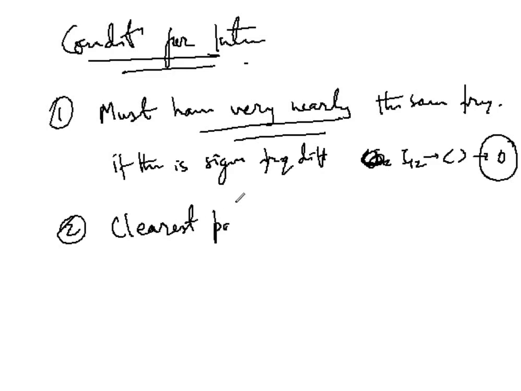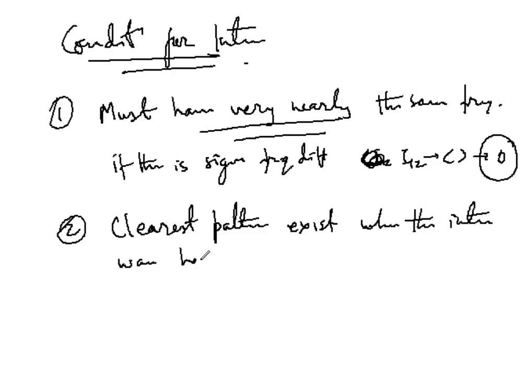The clearest pattern exists when the interfering waves have equal or nearly equal amplitudes. Right. So what will happen is that the central regions of dark and light fringes will correspond to complete destructive and complete constructive interference.